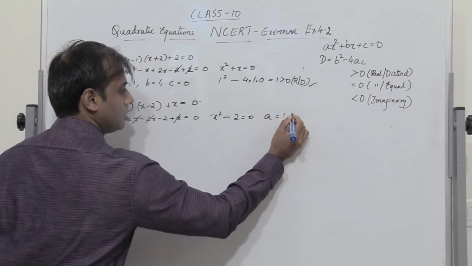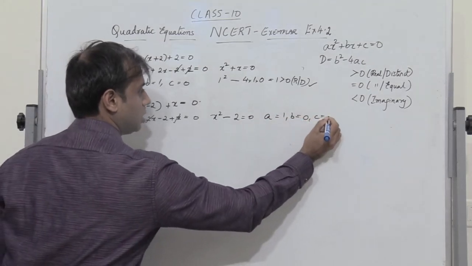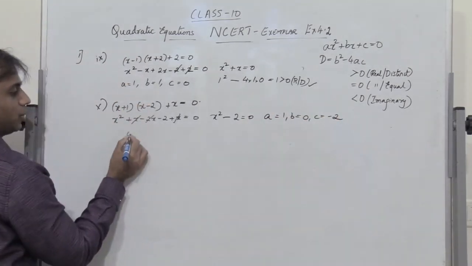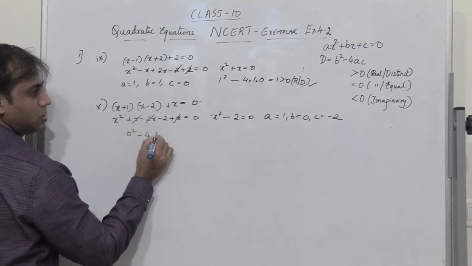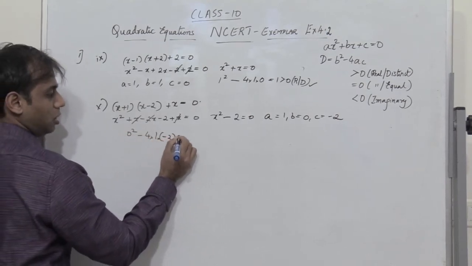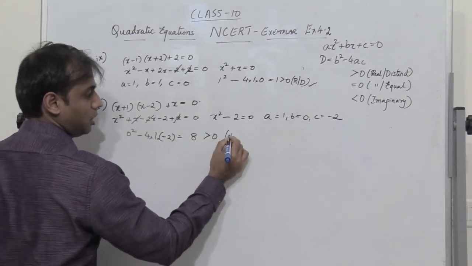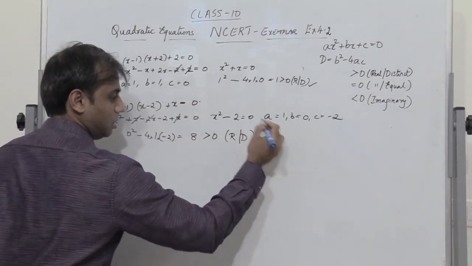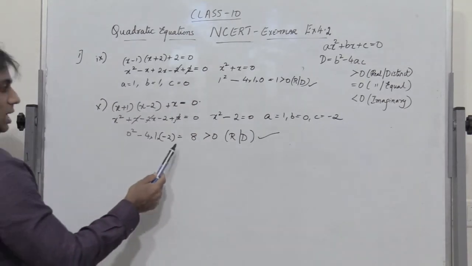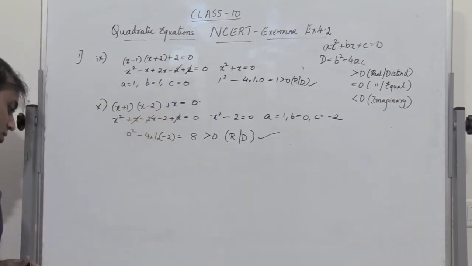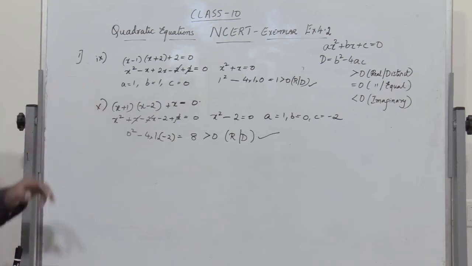So a equals 1, b equals 0, c equals minus 2. b square is 0 square minus 4 into 1 into minus 2. Minus into minus is plus, so you get 8, which is greater than 0. Roots are real and distinct. So you get 8 as the value of the discriminant. So this completes all the 10 subsections of question 1.